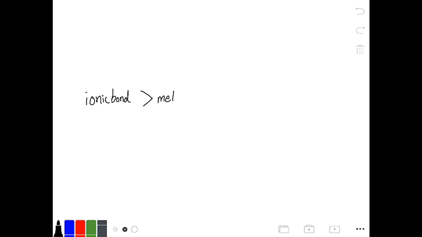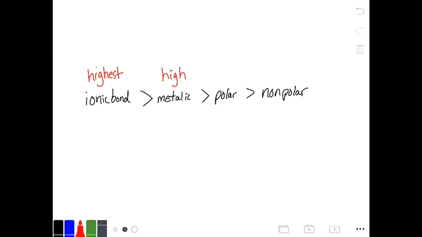Remember, not a metalloid, a metallic bond. And then that's going to be greater than a polar bond, and that's going to be greater than a nonpolar bond. So that's the sequence. Ionic has the highest, and then maybe I'll put high here for metallic, and then polar is low, and then nonpolar is lowest.